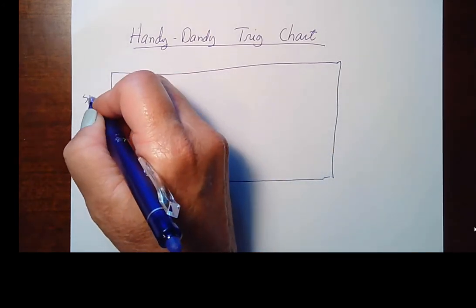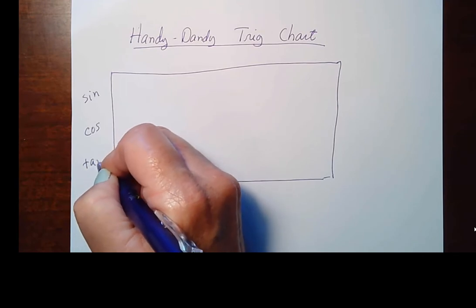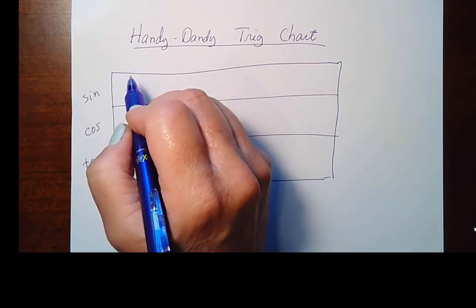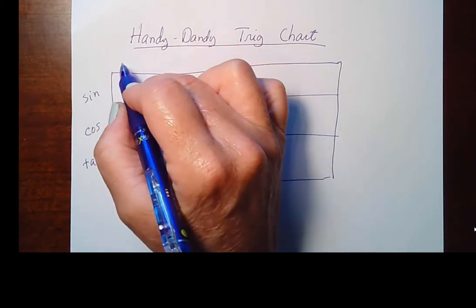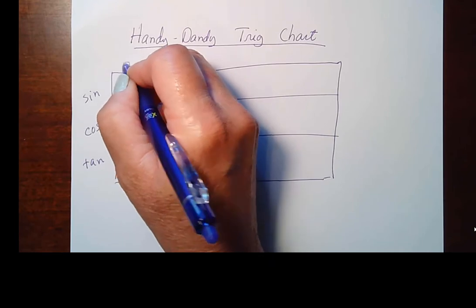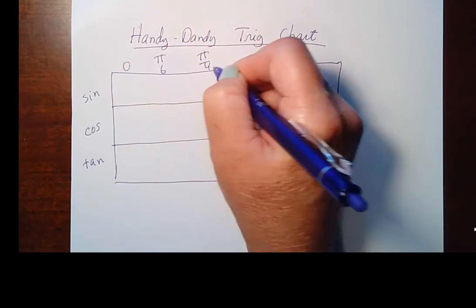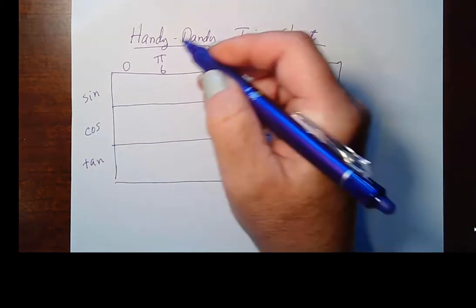We're going to have sine, cosine, and tangent. Up at the top, I'm going to have the primary angles of Q1, going from smallest to greatest. So this is going to be 0, and then we have pi over 6, pi over 4, pi over 3, and pi over 2.